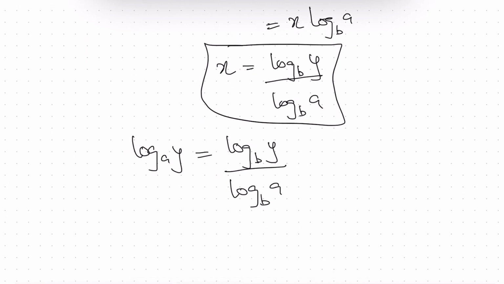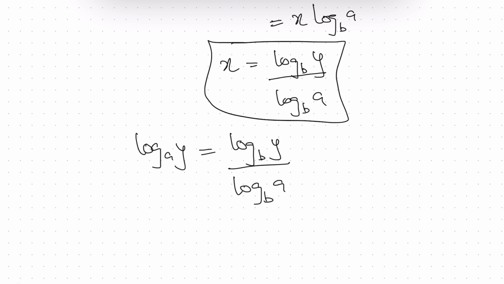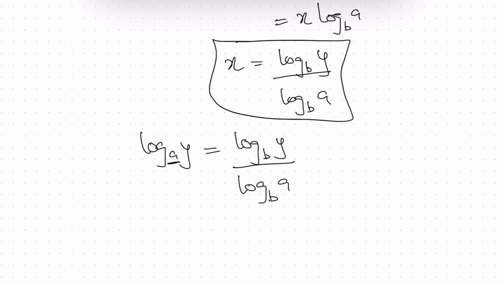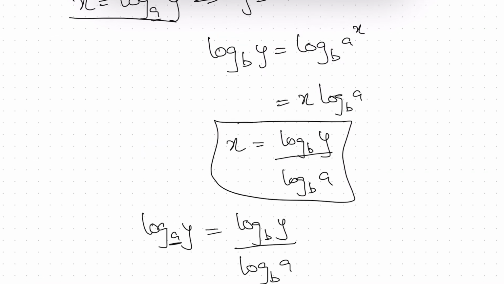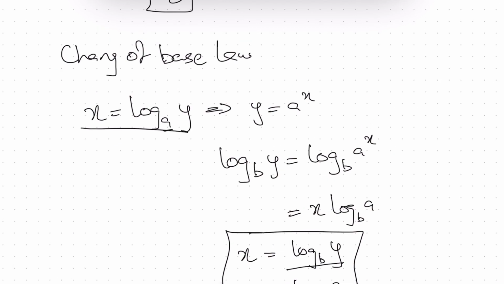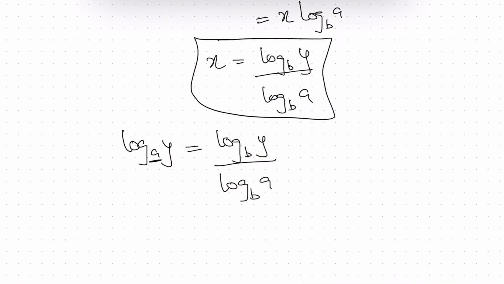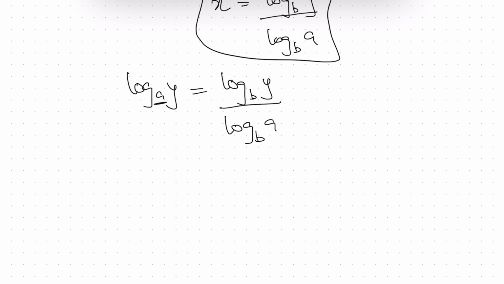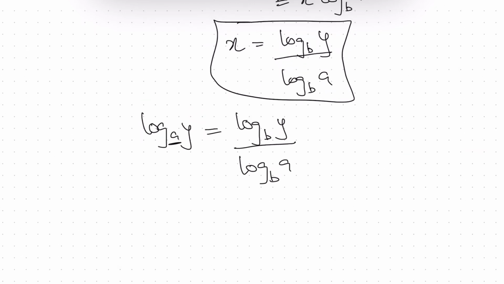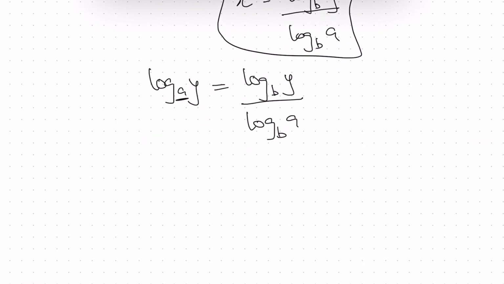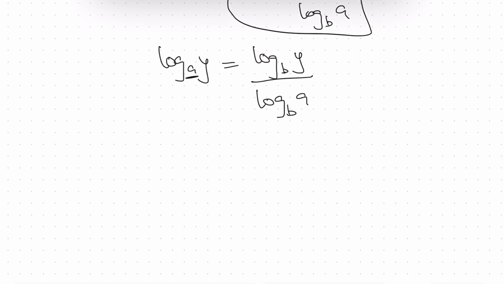Okay, so this is how I am able to change the base of this log. That is why it's called change of base law. Okay. Now, next, what we have is product law.